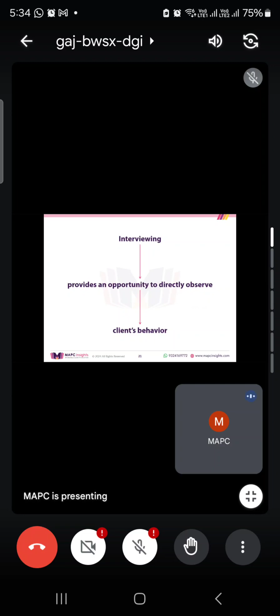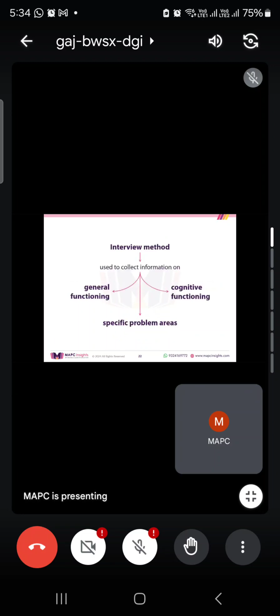So direct interaction is the verbal interaction, and indirect interaction is through body language. The interview provides the opportunity to psychologists to observe the behavior of the client as well. This interview method is used to collect information on the general functioning of the person, cognitive functioning, thinking process, and specific problem areas, if any.